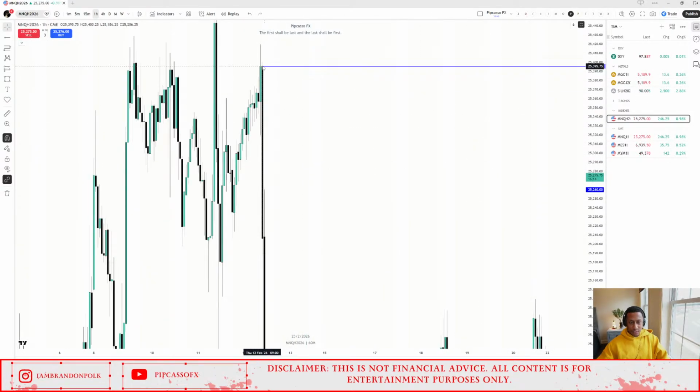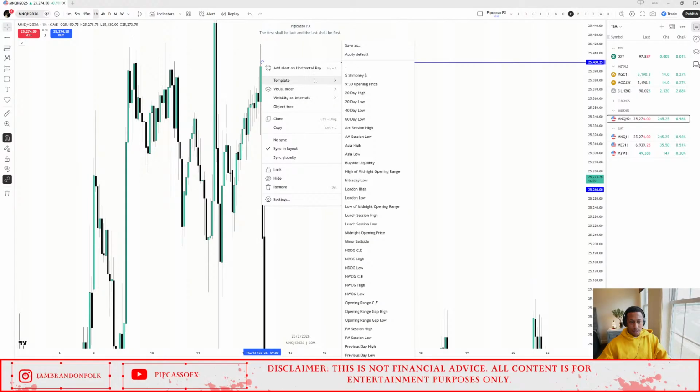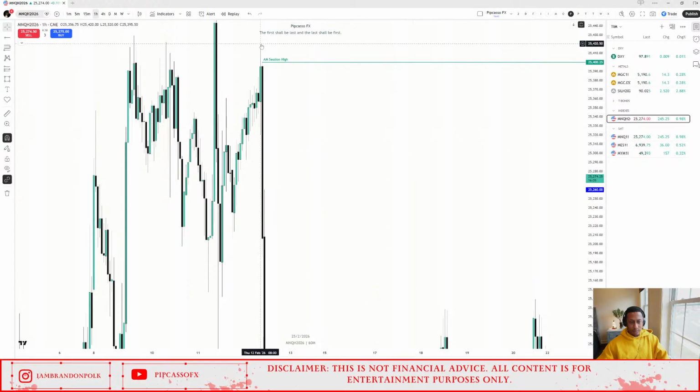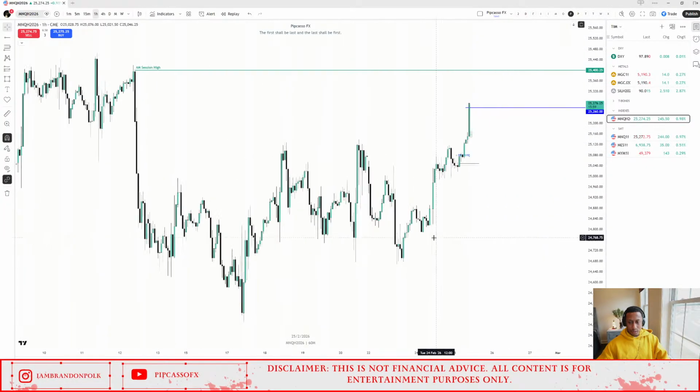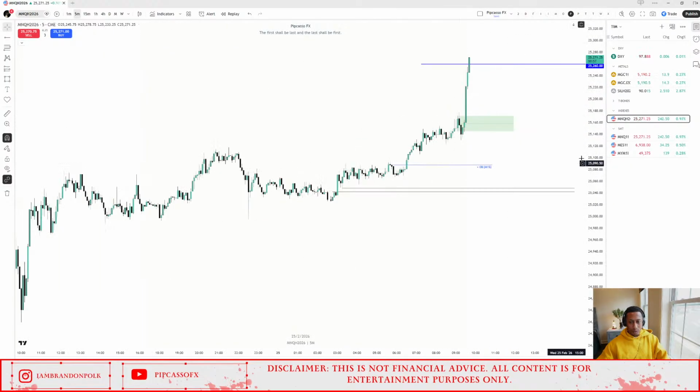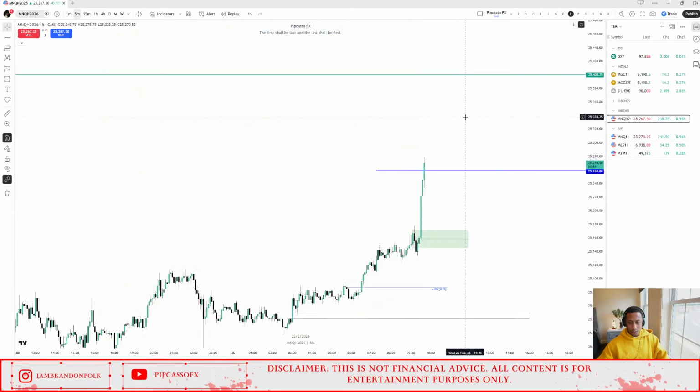I specifically have this level up here because it's session high. I'm looking for highs that go along with things I look for. So if we can create a 5-minute gap trade down into it, then this would be my target.